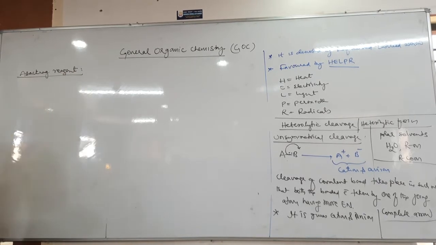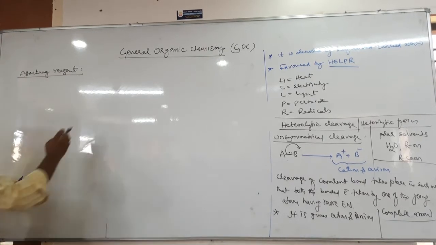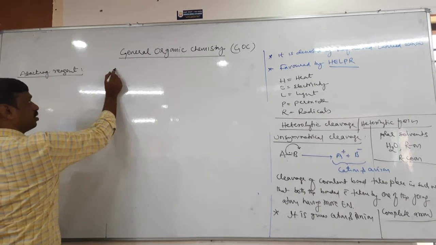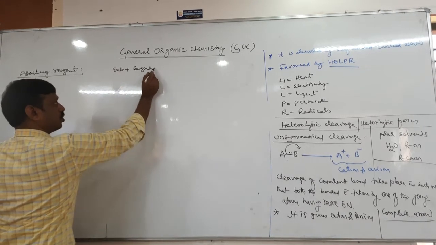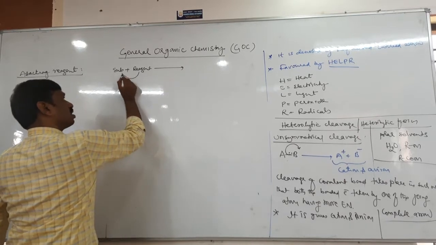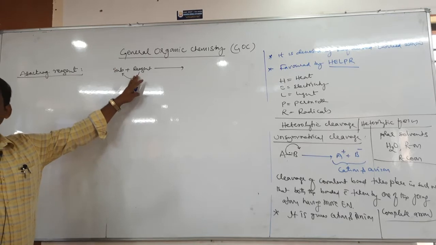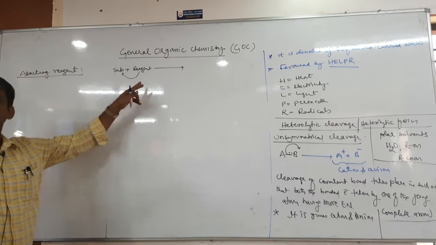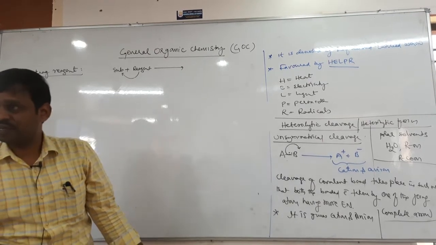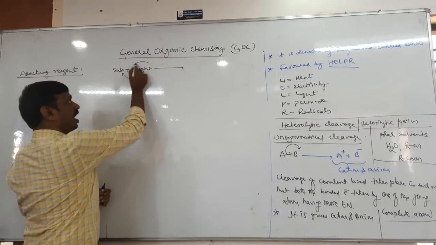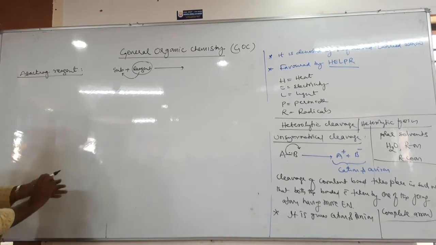So what is an attacking reagent, and what are the types of attacking reagent? In an organic reaction there is a substrate plus reagent. The reagent always attacks the substrate, but the substrate does not attack the reagent. So the reagent is called the attacking reagent. Then what is a reagent?